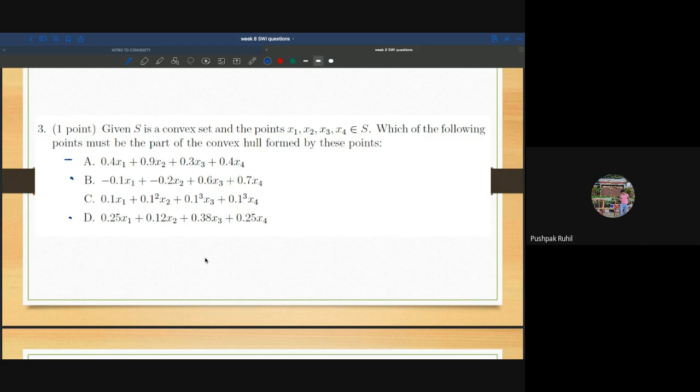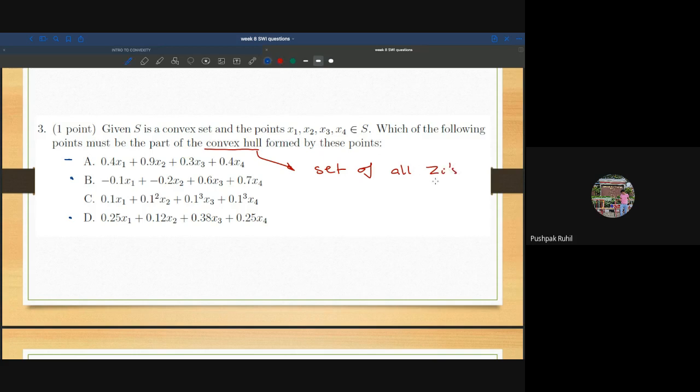Okay, so I got a mixed set of responses for this particular question. Given S is a convex set and 4 points are given to us, they belong to the set S. Which of the following points must be a part of the convex hull? So, according to the definition that I just explained, the convex hull is a set of all Zi's, right?